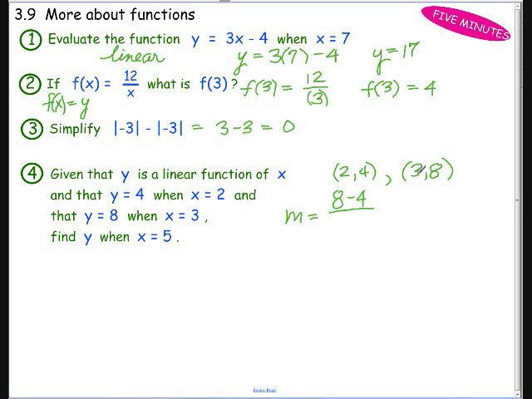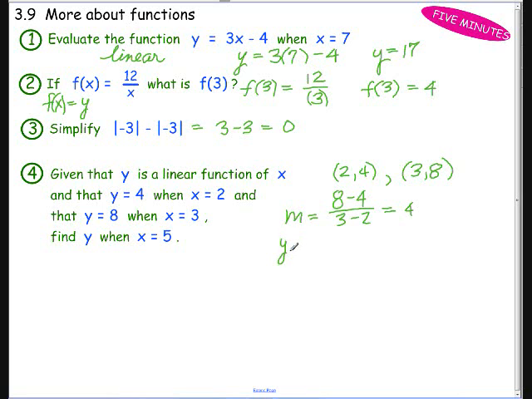We'll start with this point, 3 minus 2. That'll give us the change in y divided by the change in x. Change in x is 1, so I can ignore that denominator. The change in y is 4. Our slope is 4.